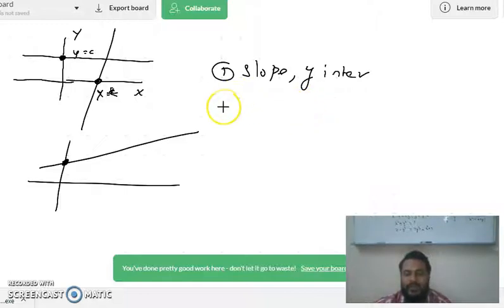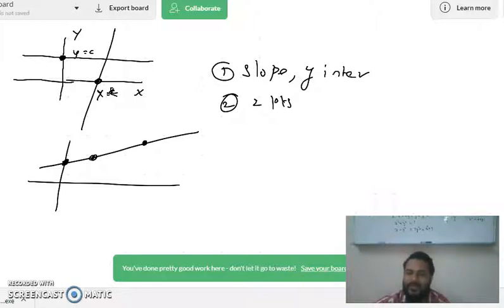The next one, if I know any 2 points on the line, can we find the equation of the straight line? These are the things we are going to discuss.